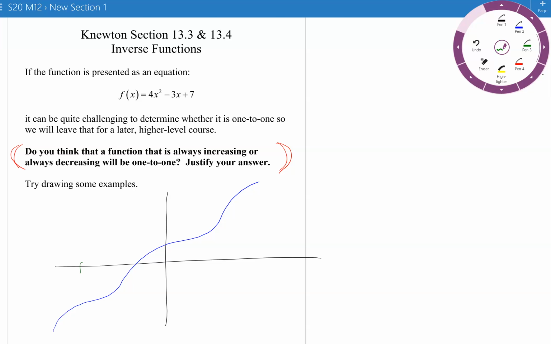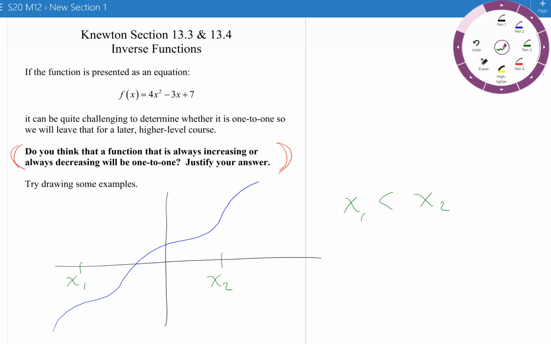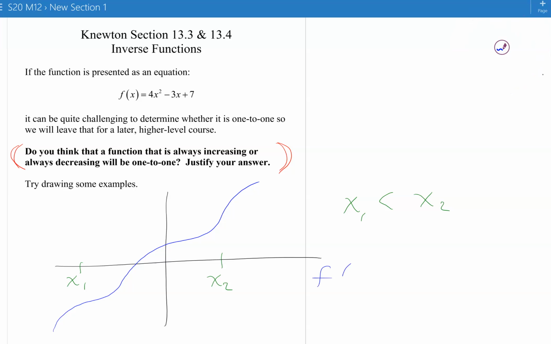So think about if I have x1 smaller than x2, because this is always increasing, then it would have to be true that f of x1 is smaller than f of x2 because we made the requirement that the function is always increasing.